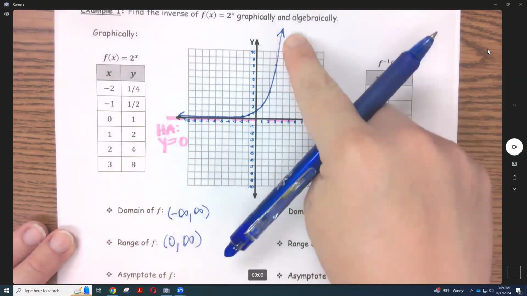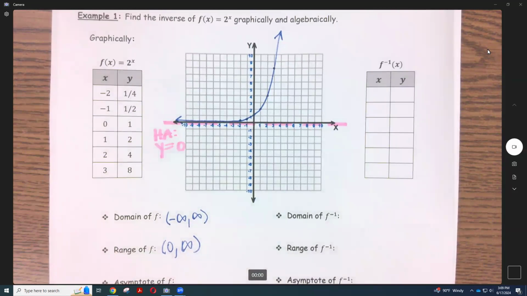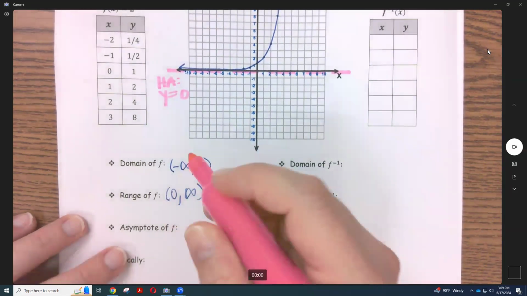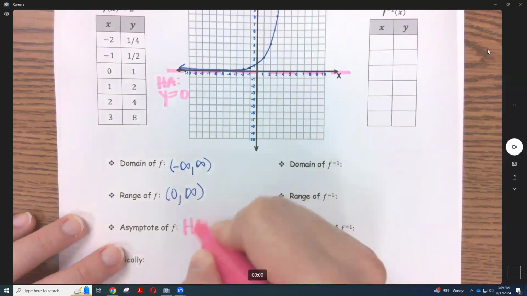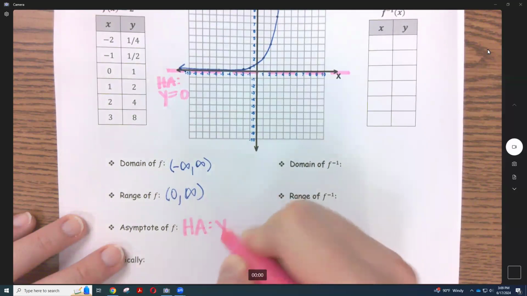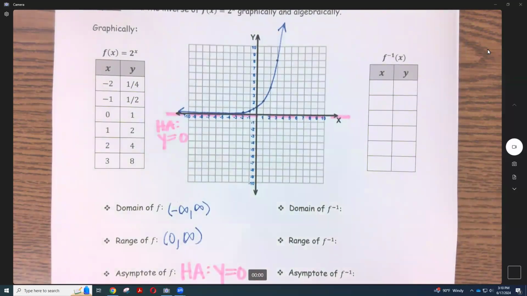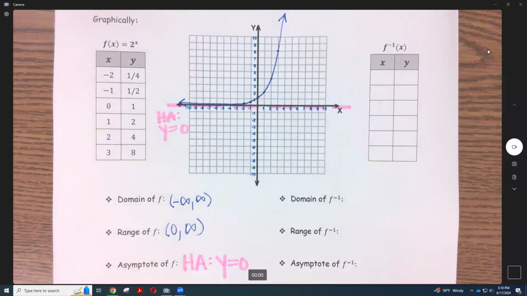And then it's going to keep going up forever to infinity. I already put that information on my graph here. My horizontal asymptote is at y equals 0. Okay, so all of that should be a review.